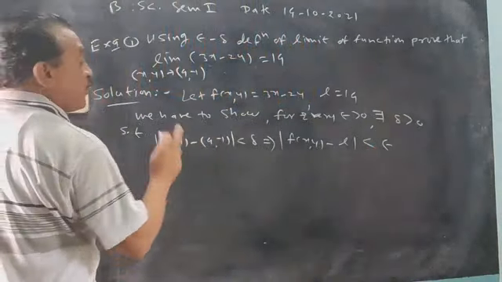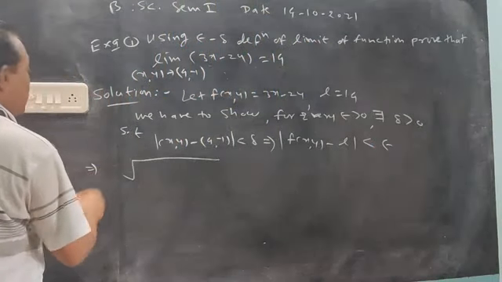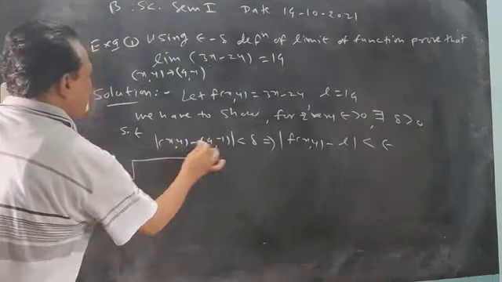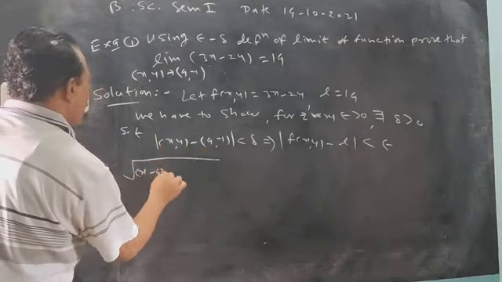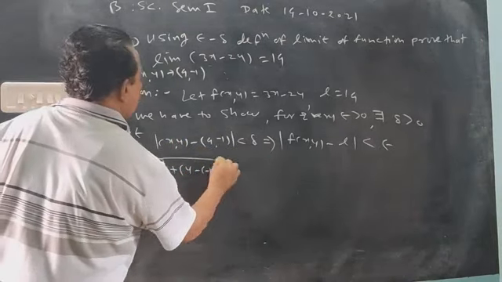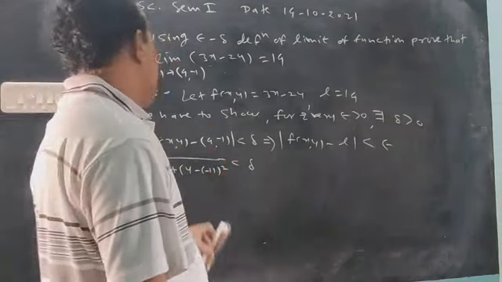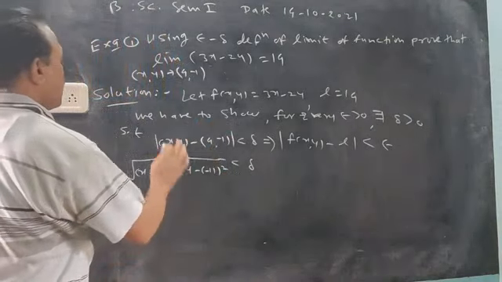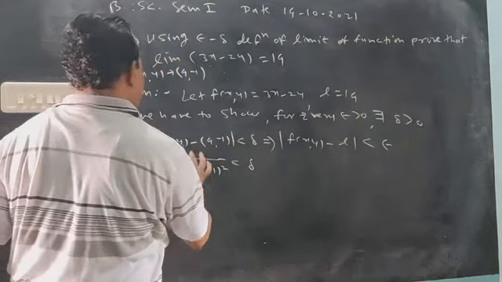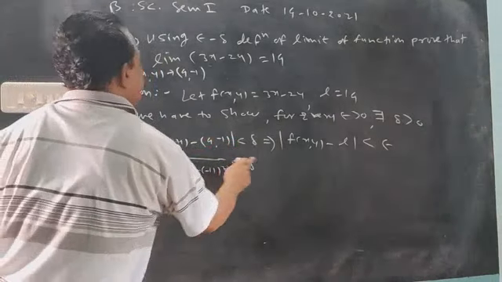Now this mod, we know what mod means: it is the distance formula. Distance formula: x minus 4 whole square plus y minus 1, that is y plus 1, whole square, root of it less than delta.